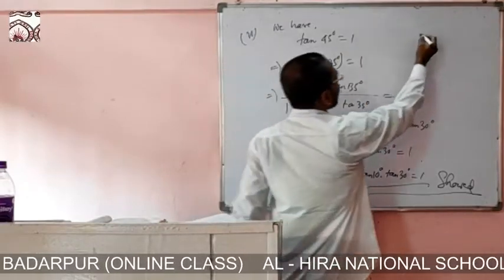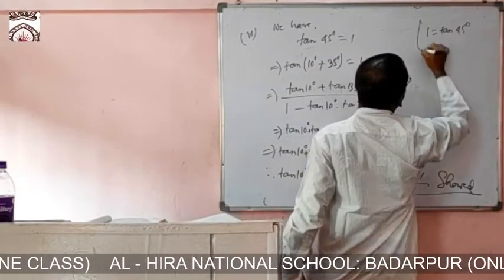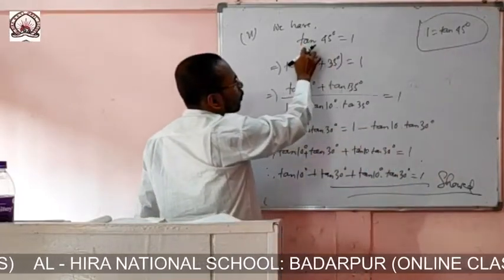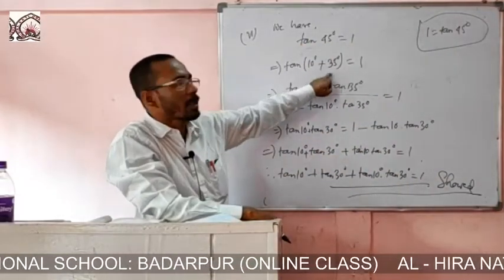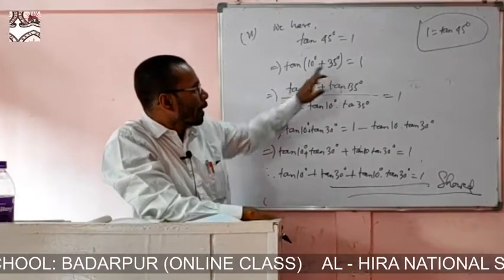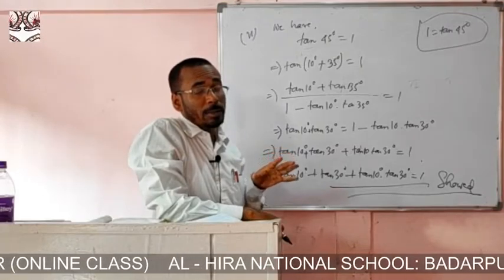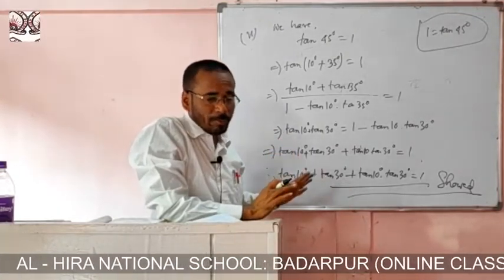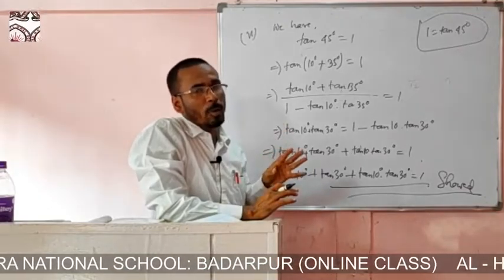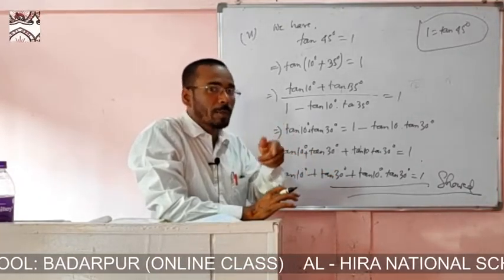So we are writing tan 45 degree is equal to 1, and then 45 degree you can break easily, 10 plus 35, clear. And I am telling you earlier, in this chapter a large number of formulas are there. So if you know the formula, then the sum will be very easy, otherwise the formula will become a penalty for you.